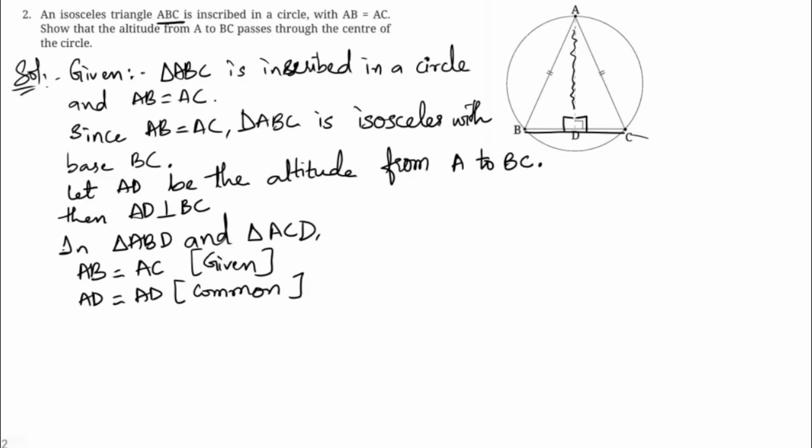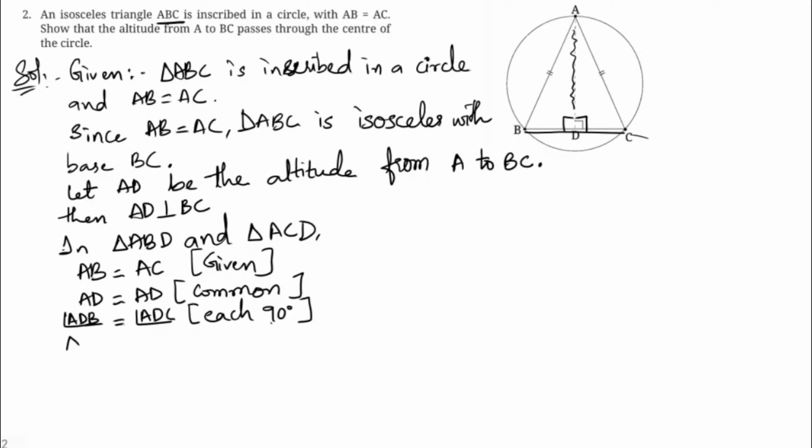So we can say these are equal. Angle ADB is equal to angle ADC, each 90 degrees. This is 90 degrees because AD is perpendicular to BC.